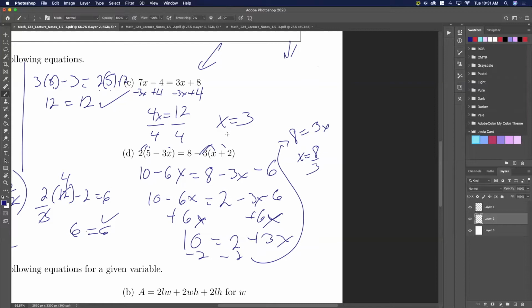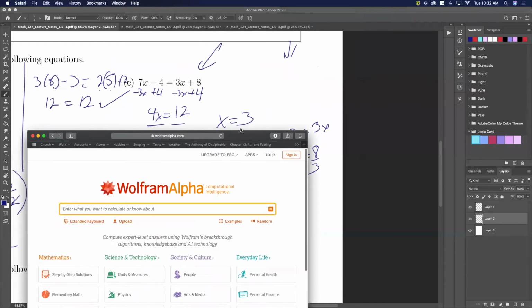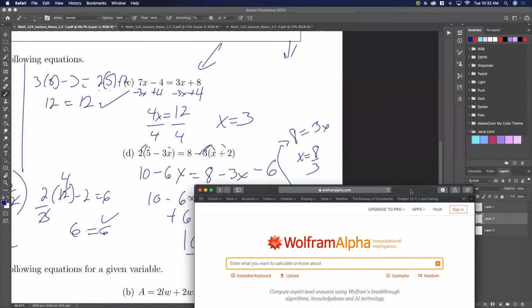So let's pretend I did all the work and I want to check it in a different way. Is there other ways we can check this? Oh, sure, right? So all of you have a calculator, so let's just go to Wolfram Alpha. So here I got 8 thirds, and I really don't feel like crunching all these fractions in my head, but I want to make sure if I got it right or not.